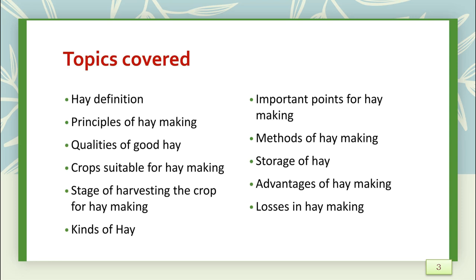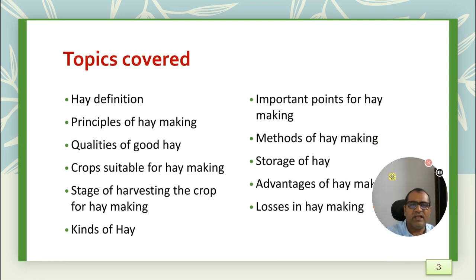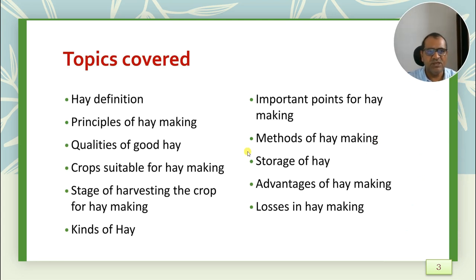In this PowerPoint, we can see the topics covered: the hay definition, principles of hay making, how to check the quality of a good hay, crops suitable for hay making, the stage of harvesting the crop for hay making, important points of hay making, and then methods of hay making.